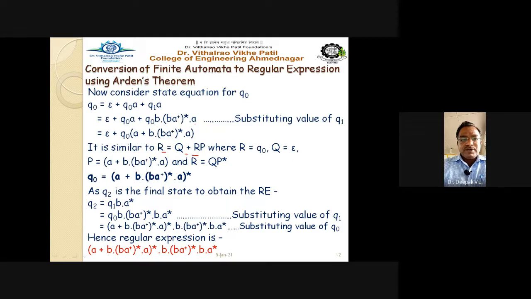Then once you have the equation for each state, solve the state equations by comparing them with Arden's equation, and we have to solve for the final state. And if the final state equation depends upon some other states, then accordingly we have to solve those state equations also by comparing them with Arden's theorem. So this part is over: conversion of finite automata to regular expression using Arden's theorem.